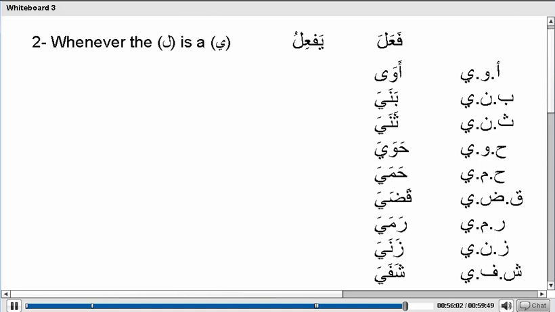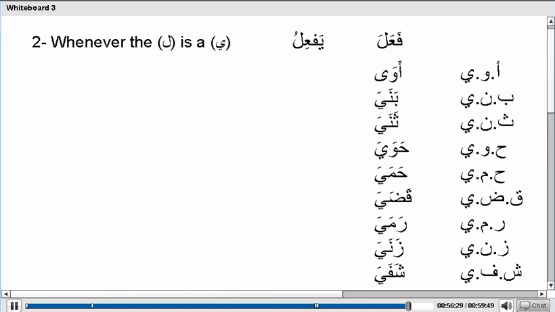Okay, awa. But ala is not a verb. If you mean by ala the word which means "on", that has nothing to do with what we're doing here, because prepositions don't change.